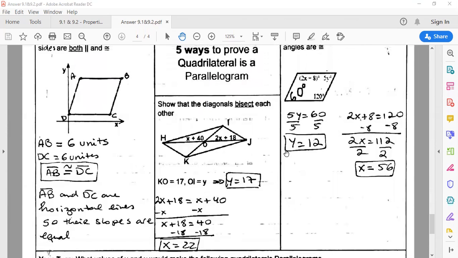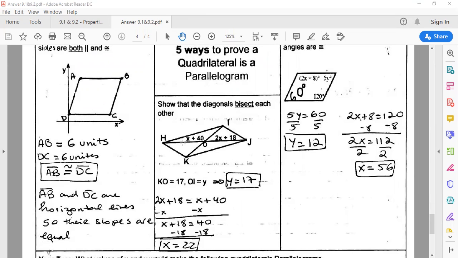The last one is showing the diagonals bisect each other. Remember that if the diagonals bisect each other, I have to show that it's always the midpoint here of AJ. So if O is the midpoint, that means that HO has to be congruent to OJ.